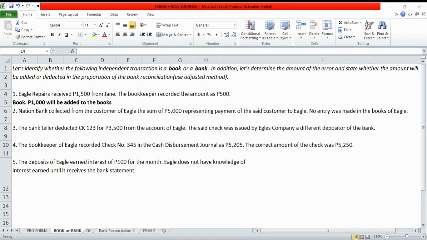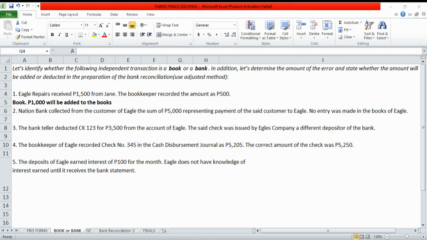Because that is an example of a credit memo. When you say credit memo, it is an addition by the bank to the depositor's account, but not yet recorded by the depositor.